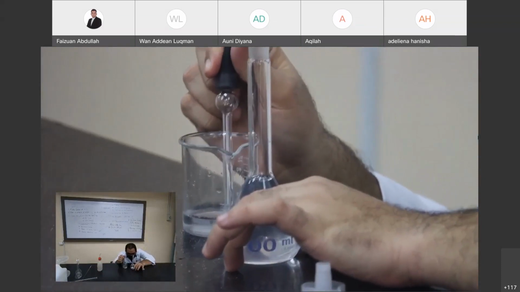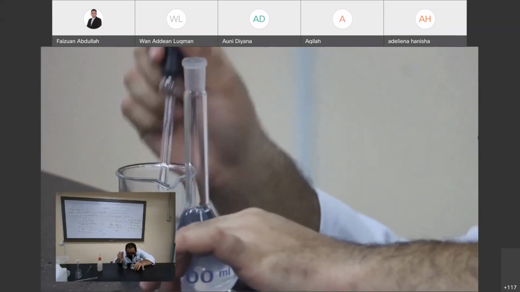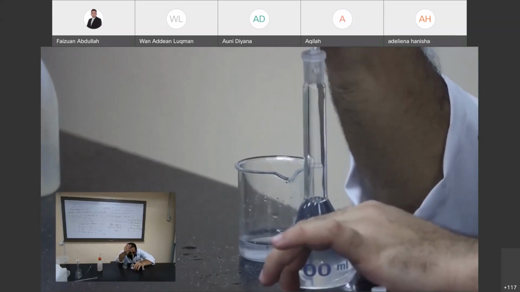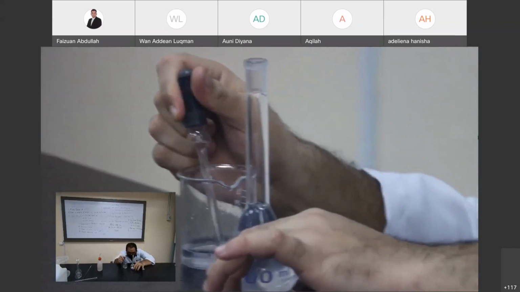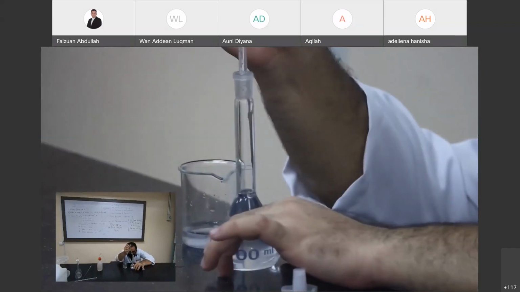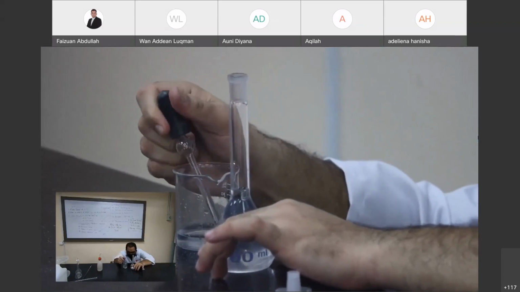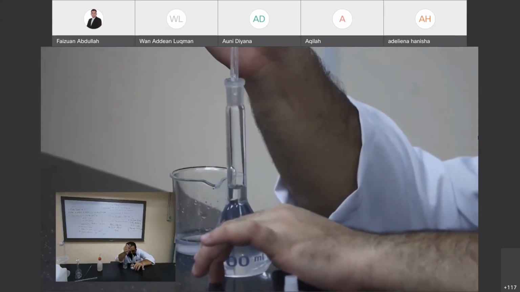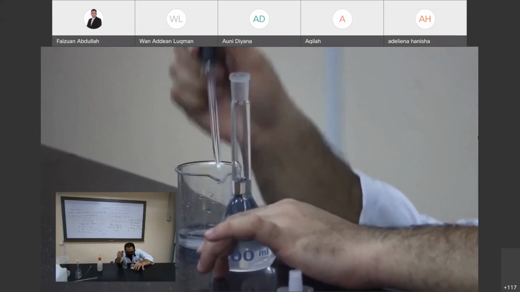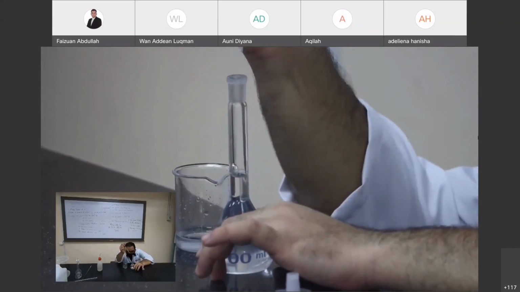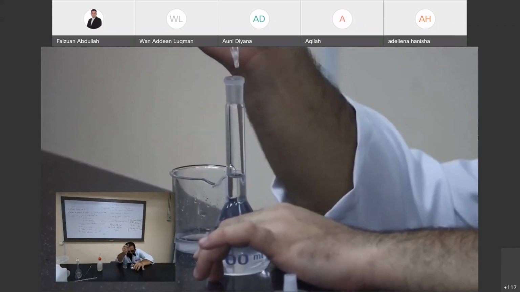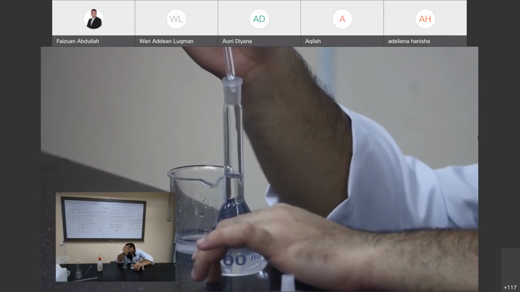Now I'm transferring a small amount of the deionized water using the dropper to make sure that the meniscus attains the mark that I want. Now it's about it. I think we got it.